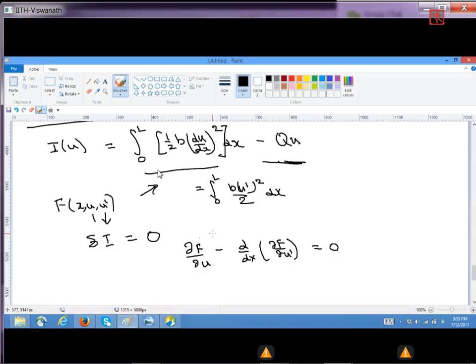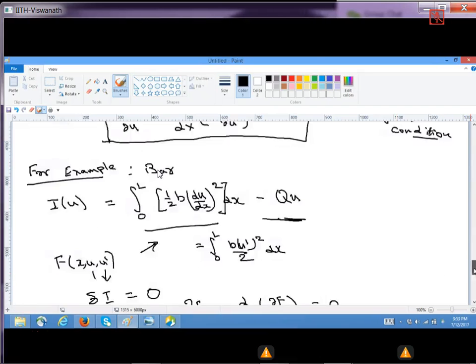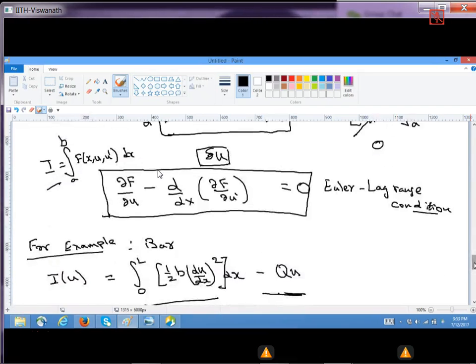So we'll continue this in the next class. Let me stop at this point since it's already close to 4 o'clock. I'll try to continue the next class, but your Euler-Lagrange condition is given by this one. This is the Euler-Lagrange equation, and this is required to get the stationary value, and the stationary value will give you your equilibrium condition on minimizing it.